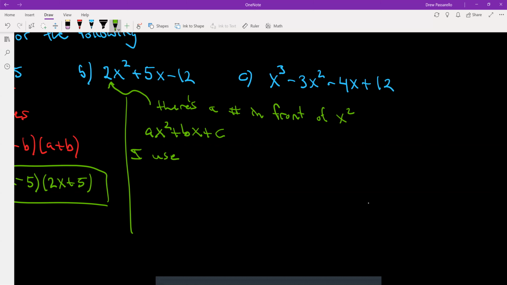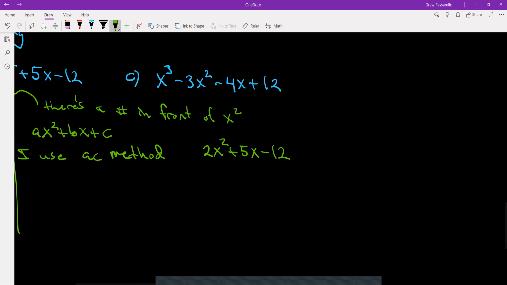And again, if you know another method, that's fine too. All right, and the way I demonstrate it, so we have 2x squared plus 5x minus 12. What you do is you multiply the first number 2 by the last number negative 12.